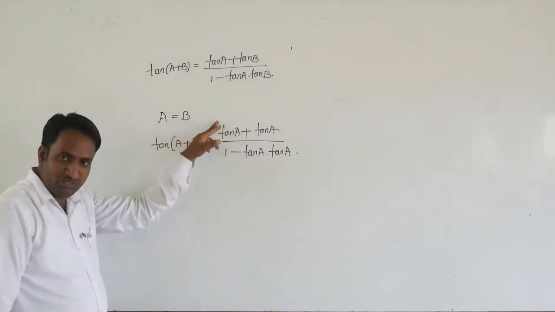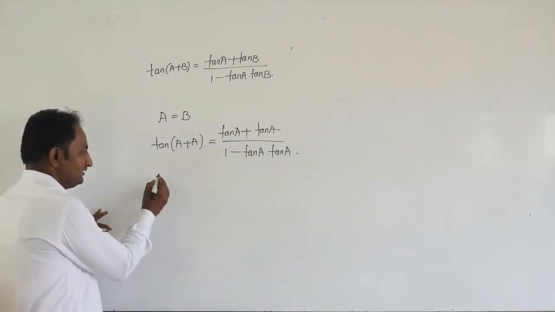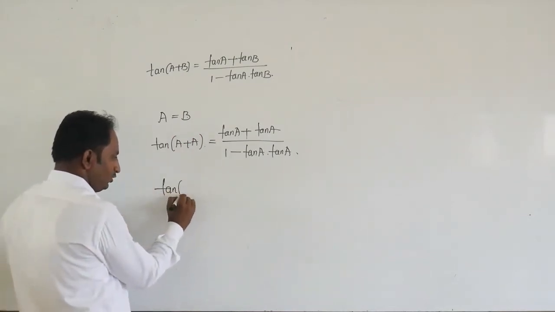Suppose A is equal to B, then tan of A plus A is equal to tan of 2A.